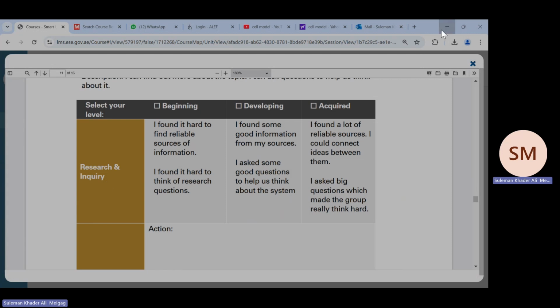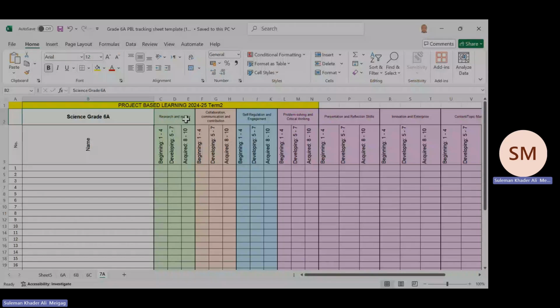Okay. Now, number 2, that is 10 points. Then number 2, how you work together, collaborate and communicate, and how each of the group adds something to the group. Okay, again, 3 levels, beginning, developing, and acquired.